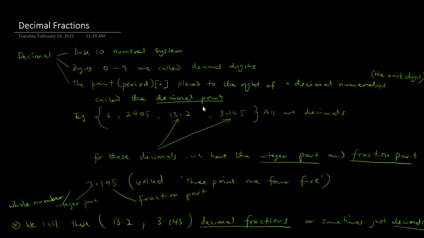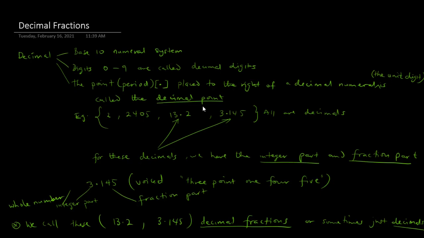So here are some examples of decimals. The whole number 2, the whole number 2,405, and the decimal fractions 13.2 and 3.145 are all part of the decimal group of numerals.